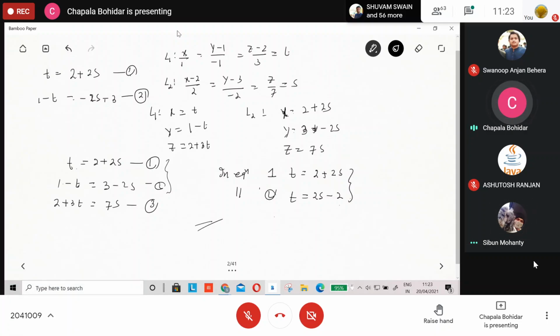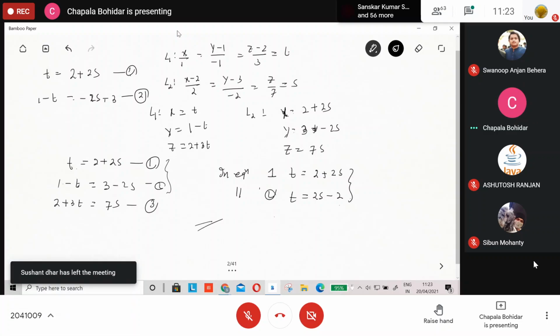So are they intersecting? No, ma'am. So it is skew lines. If you say they are parallel, then it is not skew lines. Come to the definition, then according to that, write down your answer. They are not parallel, not intersecting, so we say it is skew lines. Clear?